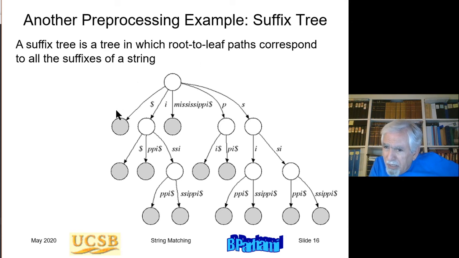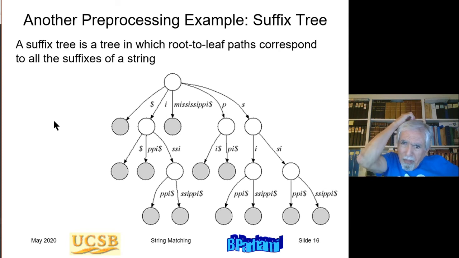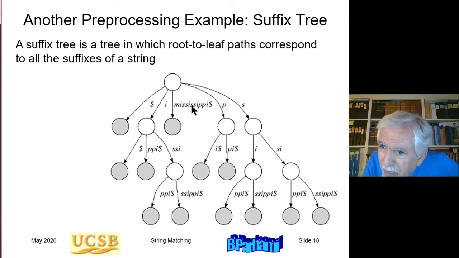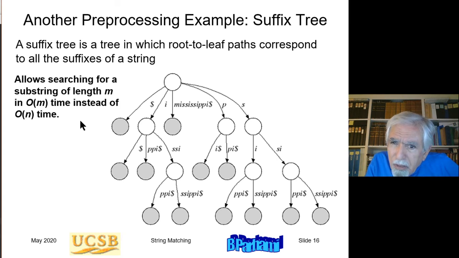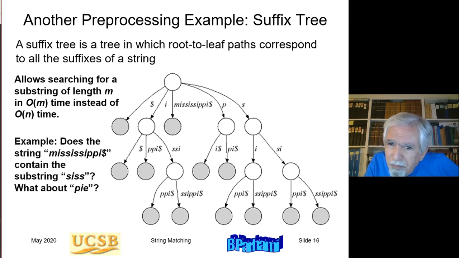So once you have constructed this suffix tree based on your data string, it's pretty easy to see whether a particular string exists. Because any string that you are interested in, so for example, the string, let's say SSI, that will be the beginning of a suffix. So suppose I'm interested in finding the substring SISS.